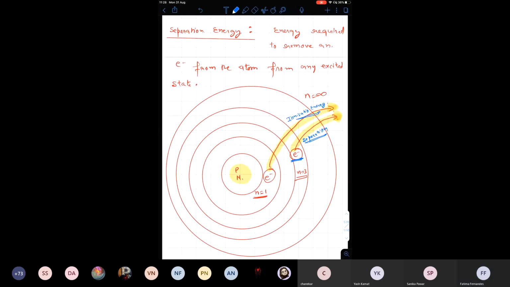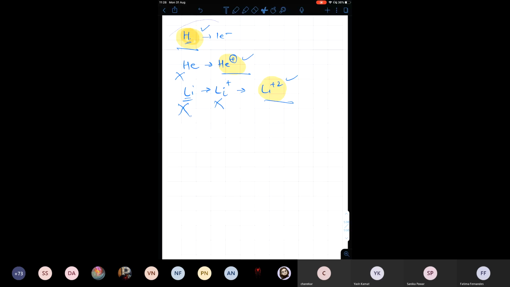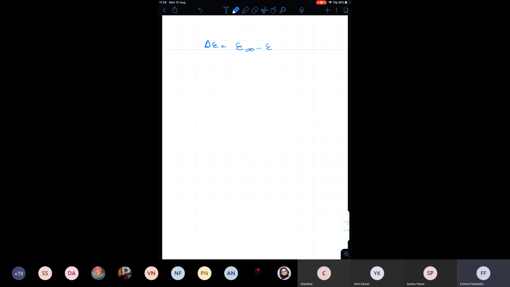Separation energy is clear to all. Should I write delta E is equal to E of infinity minus E of some nth orbit, which is 13.6 electron volt into (1 upon n square minus 1 upon infinity square) into z square, that is 13.6 electron volt into z square by n square.